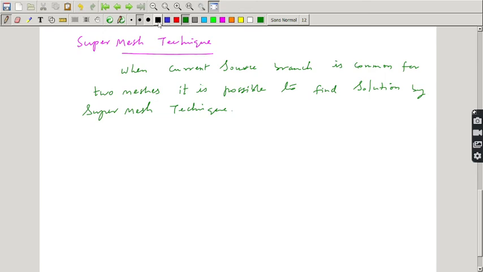So take an example problem here. A circuit having a resistor and a voltage source. Again I have a common current source and a resistor, and a 5 volt battery. This is 1 ohm, this is 1 ohm, and this is 2 amps, and a 10 volt battery.